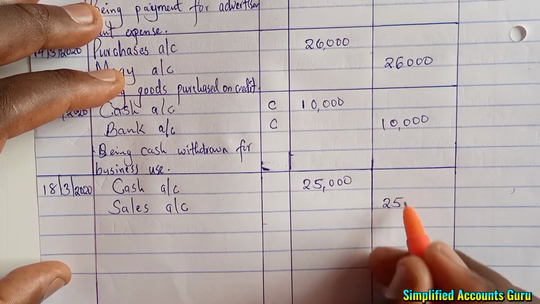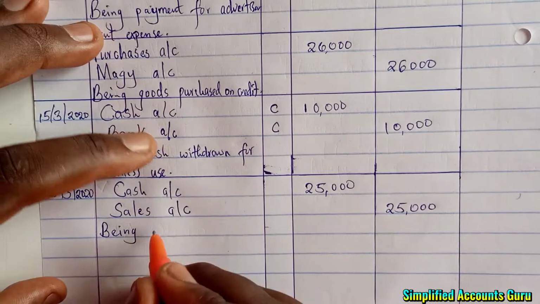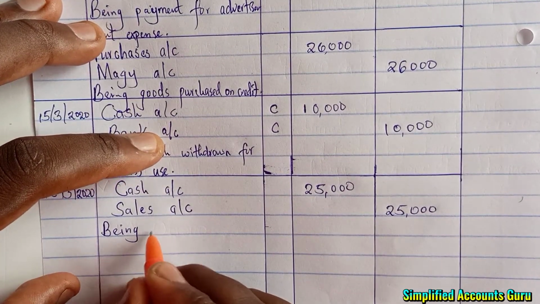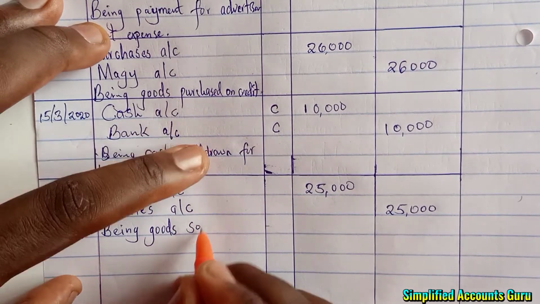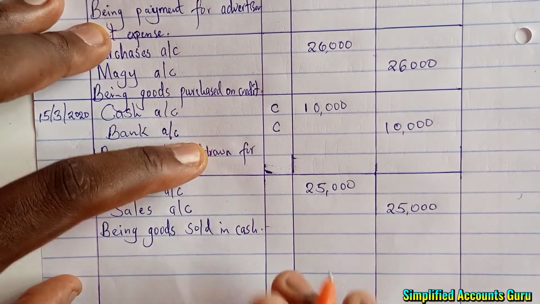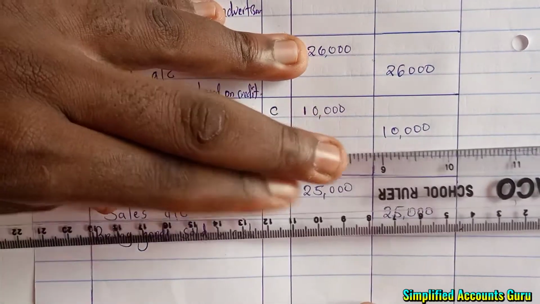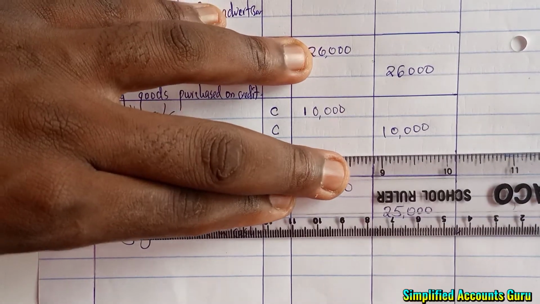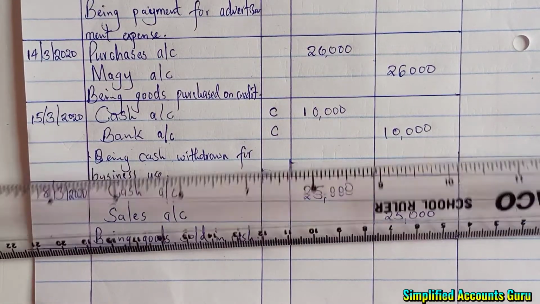This other end also $25,000. Being goods sold in cash. That is just enough, but you can also have your own. You can make it as long as you want. You can make it as short as you want.